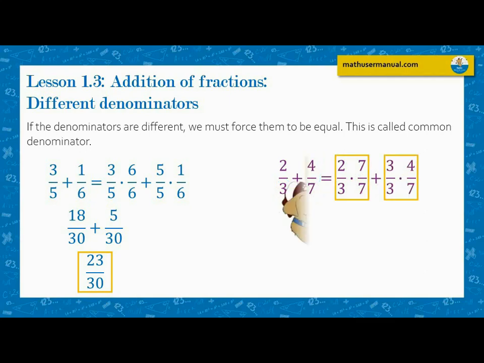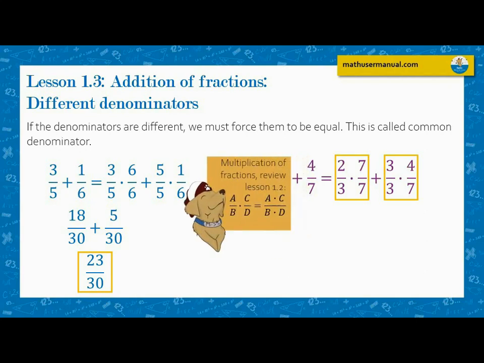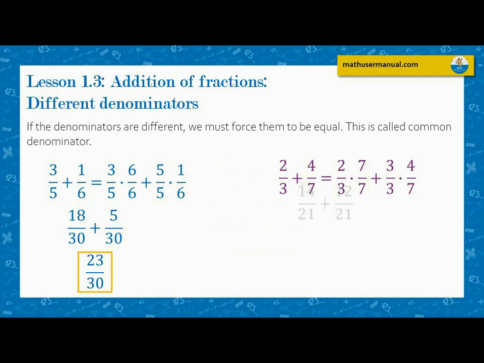We just do it horizontally as learned in lesson 1.2. And after the multiplication, we get 14 over 21 plus 12 over 21. Equal denominators, so we copy that denominator, write it once, and add the numerators, 14 plus 12. 14 plus 12 is 26, so the answer to our addition of fractions is 26 over 21.